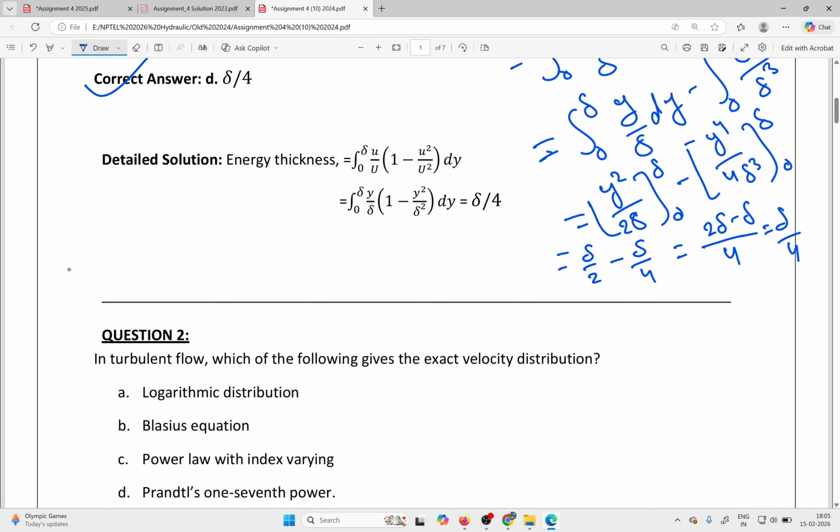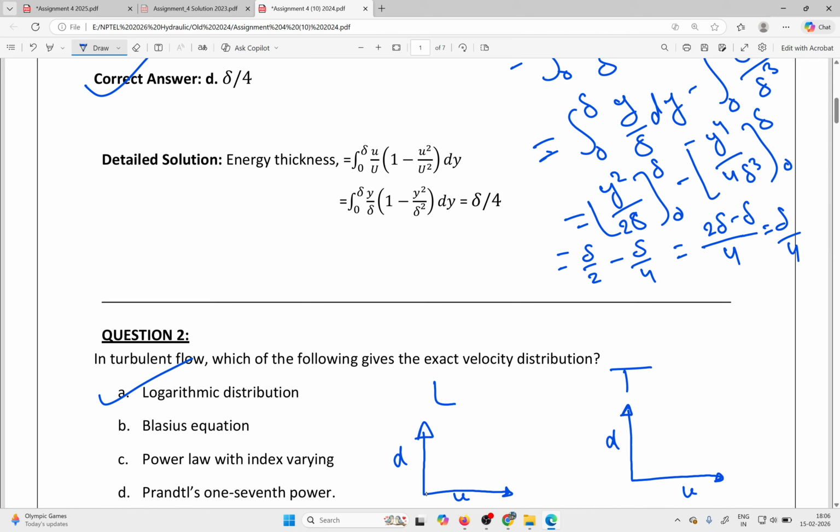Yes, in the turbulent flow, mostly your velocity distribution is logarithmic. Always remember, please. So I'll just give you an example in laminar and in turbulent, how your flow velocity varies. So this is your u and this is the depth, and this is your again u and this is your depth.